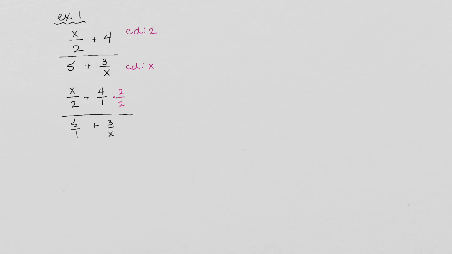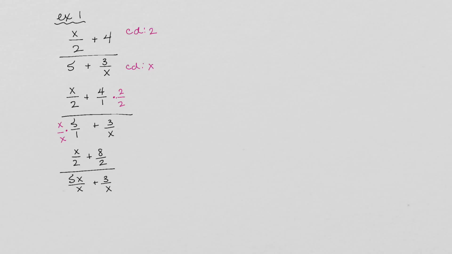But in order for me to combine the 5 and the 3 over x, I need a common denominator. So I'm going to multiply by x over x. When I do that, I get x over 2 plus 8 over 2 over 5x over x plus 3 over x.